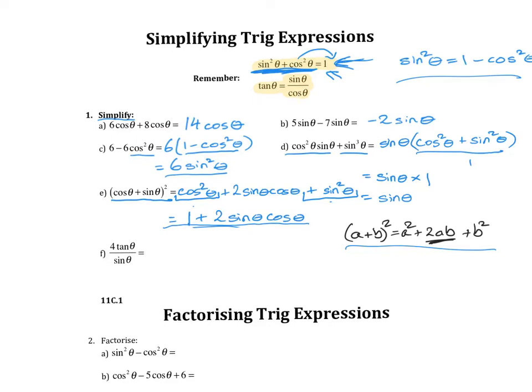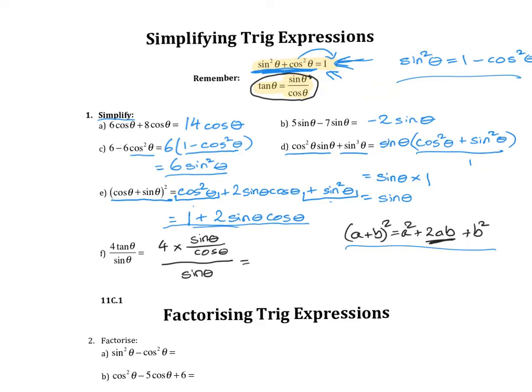Okay, 4 tan theta over sine theta. We should remember that tan theta is sine theta over cos theta. So let's put that in there. On the numerator, we get 4 times sine theta over cos theta, all divided by sine theta. In this form, it might be a bit hard to know how things cancel, so if you need to, rewrite that.